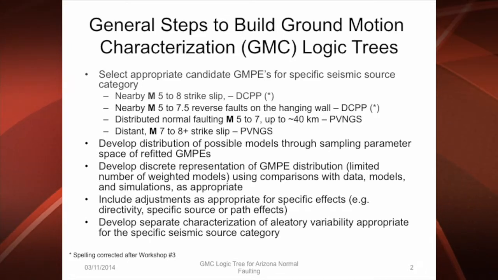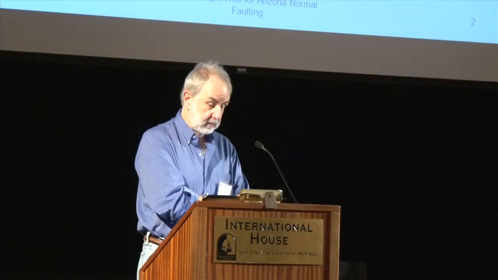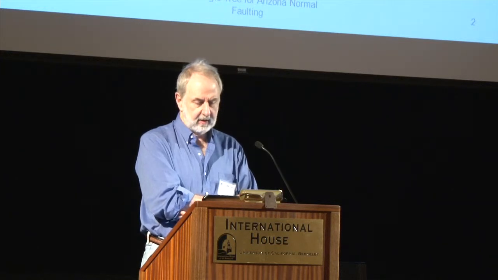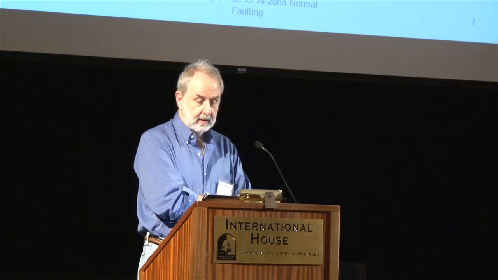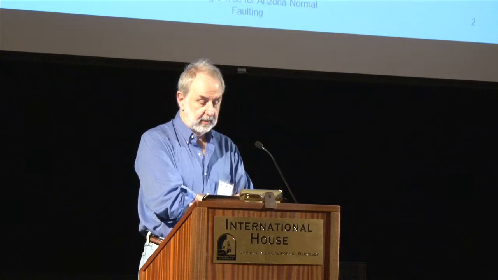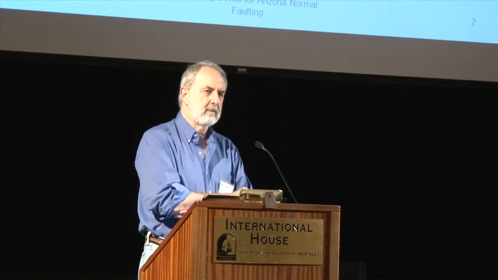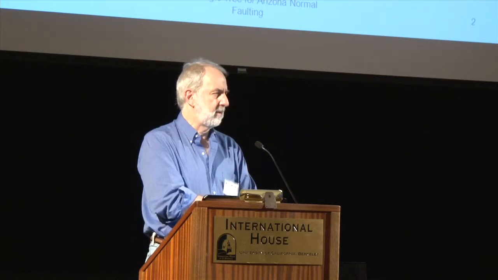The process will be to select what we consider to be the appropriate set of candidate ground motion models for evaluation, develop distributions of possible models through parameter sampling that Nico just talked about, and I will talk about more, by refitting the sample space of these refitted ground motion prediction equations, and develop a discrete representation, a limited number of weighted models, using comparisons with data, models, and simulations as appropriate. The set is nominally, right now our working hypothesis, about 10, but ideally we will select the minimum number we need to represent the uncertainty properly.